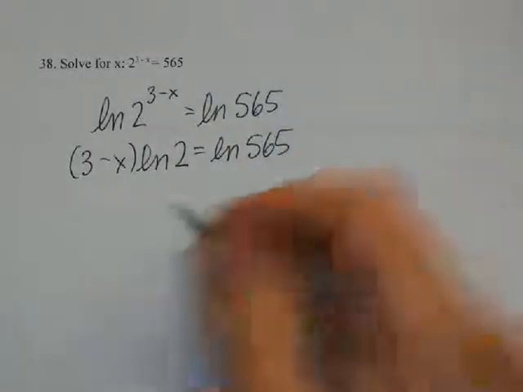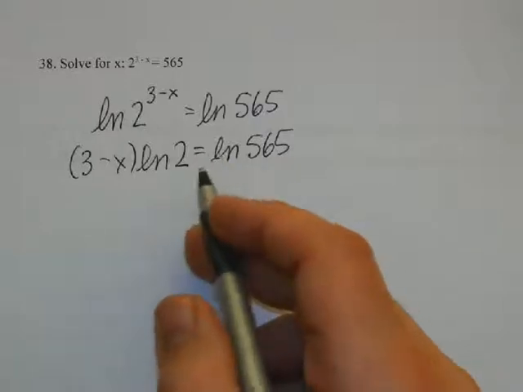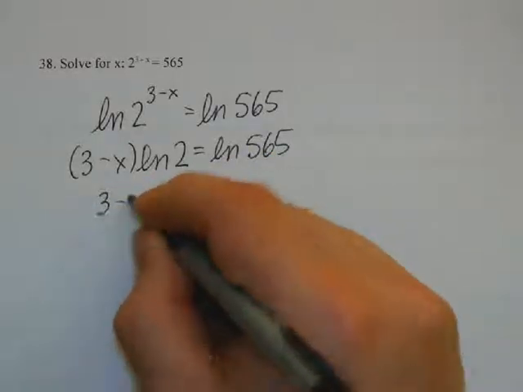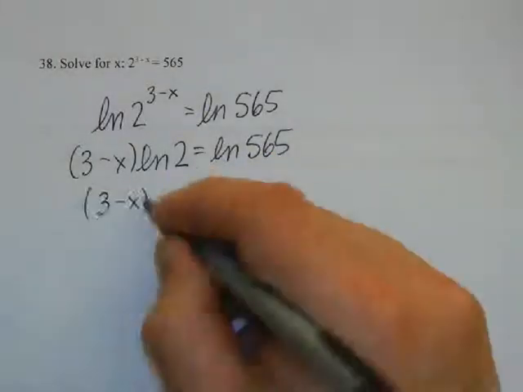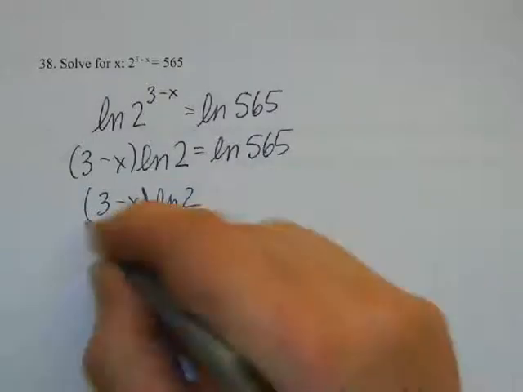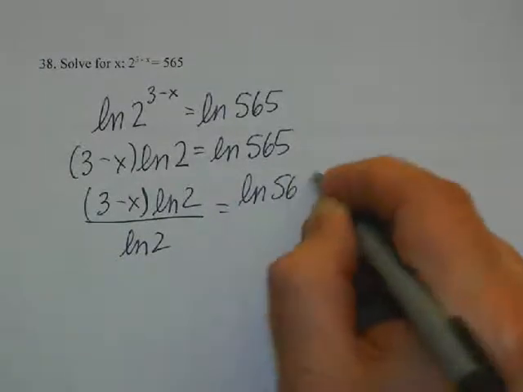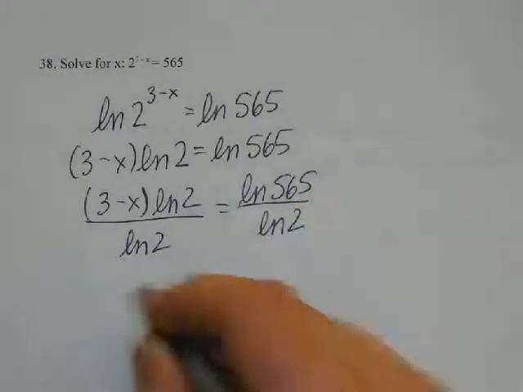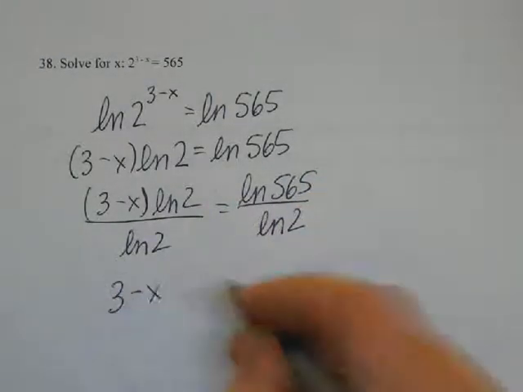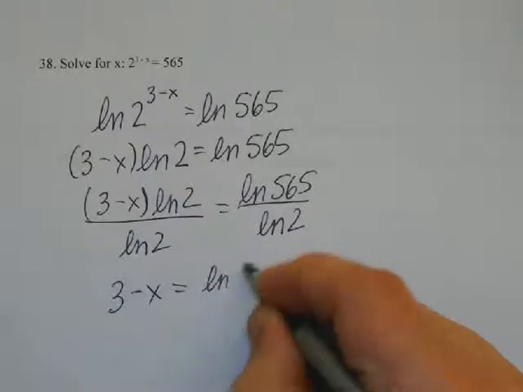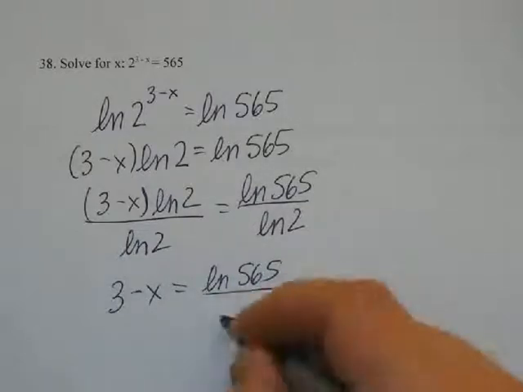Now at this point you could use the distributive property. I'm going to divide by natural log 2 instead. So 3 minus x equals the natural log of 565 divided by the natural log of 2.